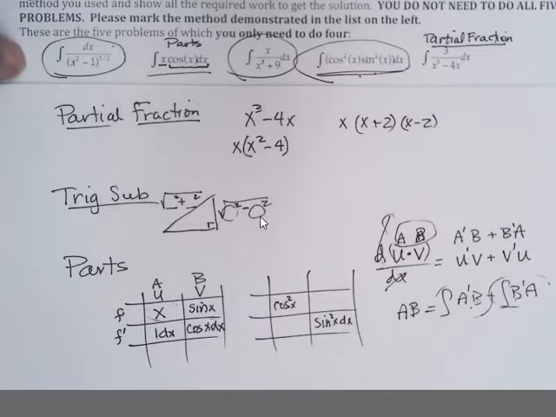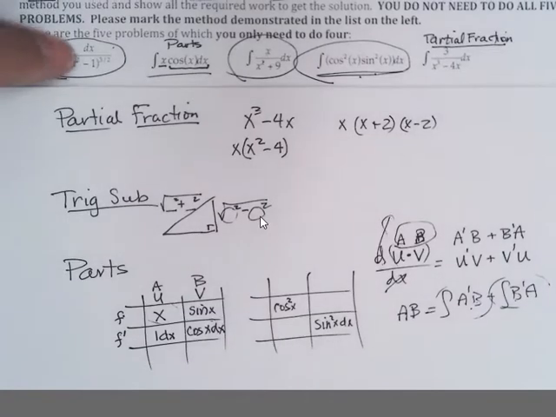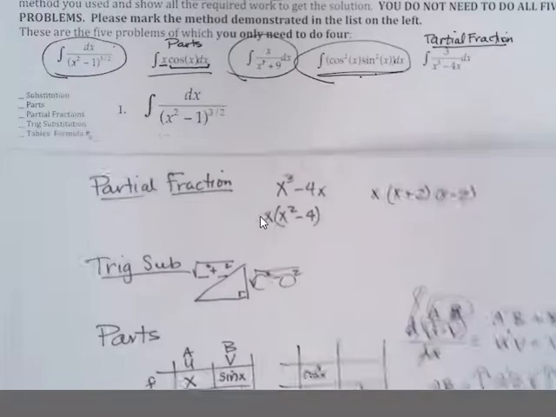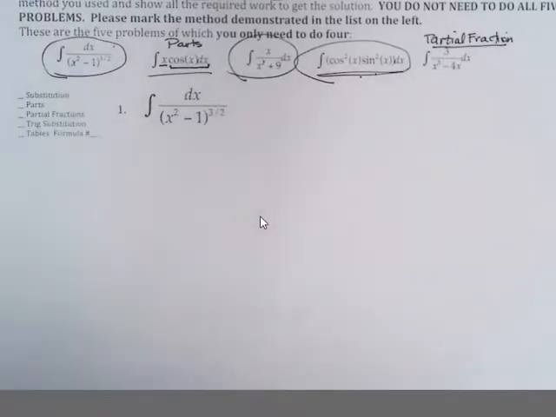Reasonable choices for each of these 4 methods. Notice you don't have to do 5 problems, only 4. Demonstrate the methods. And you didn't have to do the substitution. That shows up enough that it'll show up in the problems, and I'll know whether you know how to do substitution. So, now let's go to this first problem.